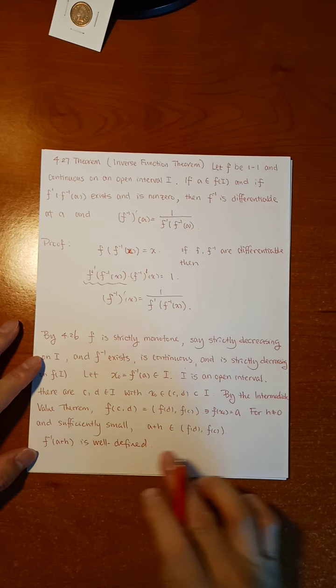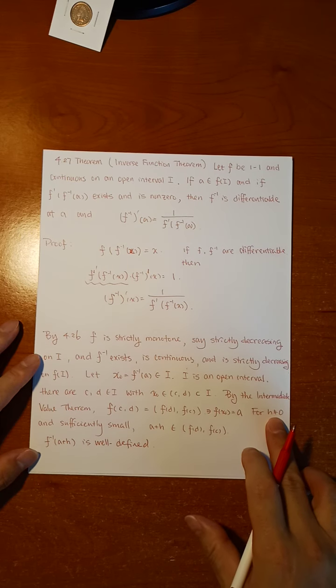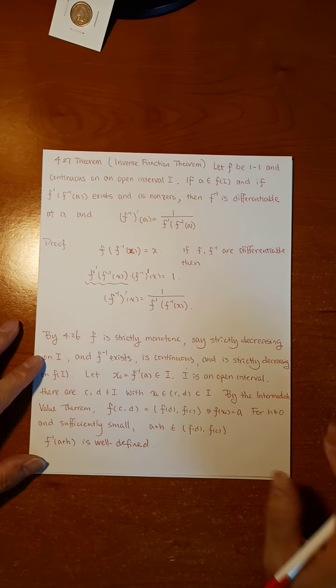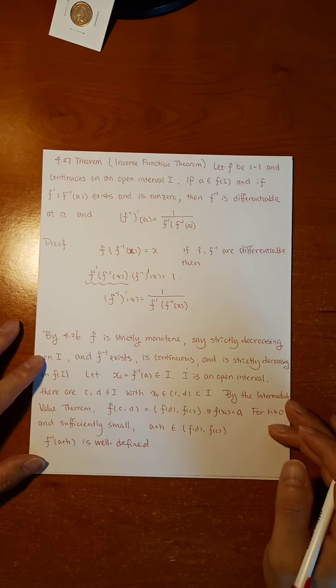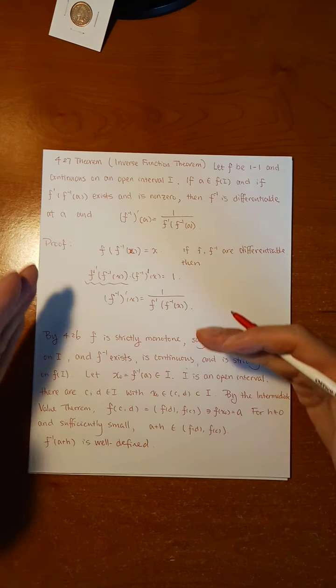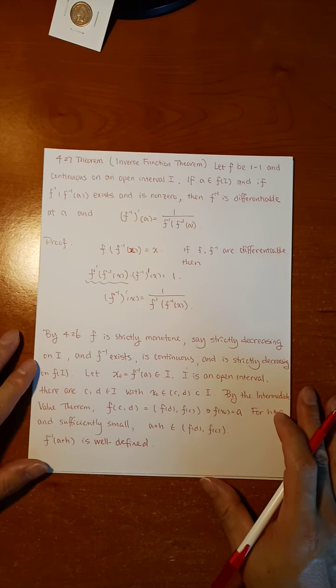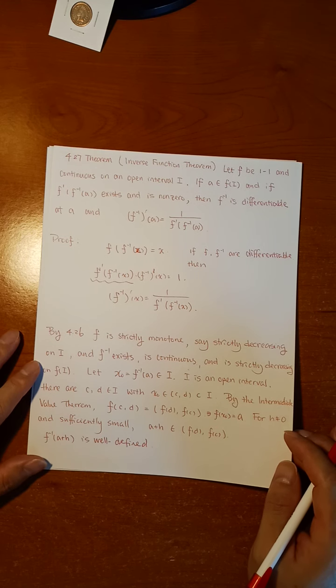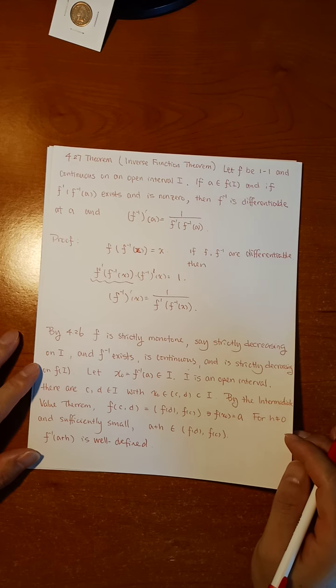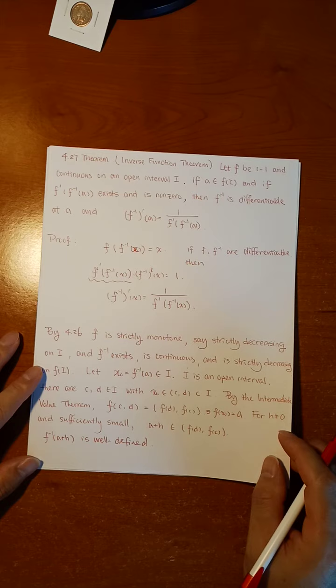When we say sufficiently small, you can get h0, such that when the absolute value of h is less than h0, this is well defined. That's what we mean by sufficiently small.